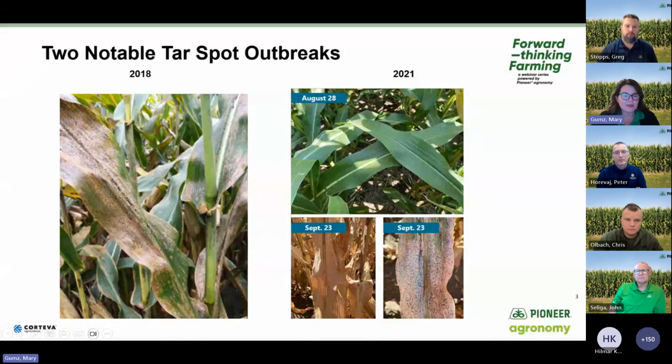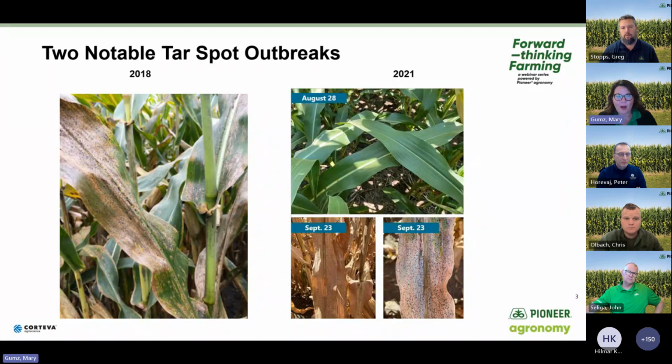In 2018, this was the year that it really moved into northern Illinois and into southern Wisconsin. And we saw those cool, wet conditions again early, and the disease just took hold. And there was another thing that was going on, that we had some weather conditions that led to a lot of crown rot and kind of early season root rots, other stresses.